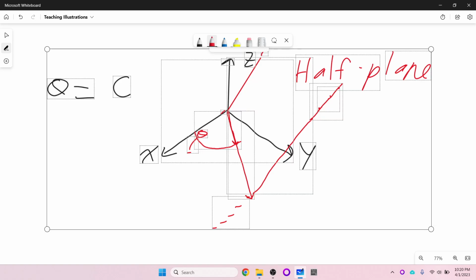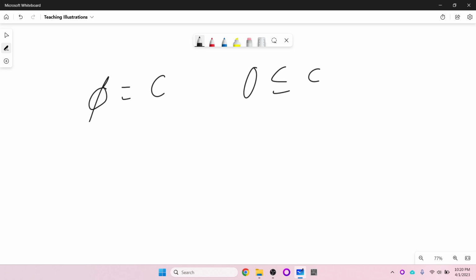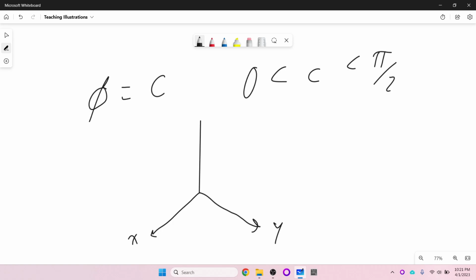What about if phi is constant? So phi equals c. Well, if c were exactly 0, if we were pointing straight up, that would be just a ray. If c equals 0, that means we're on the z-axis.